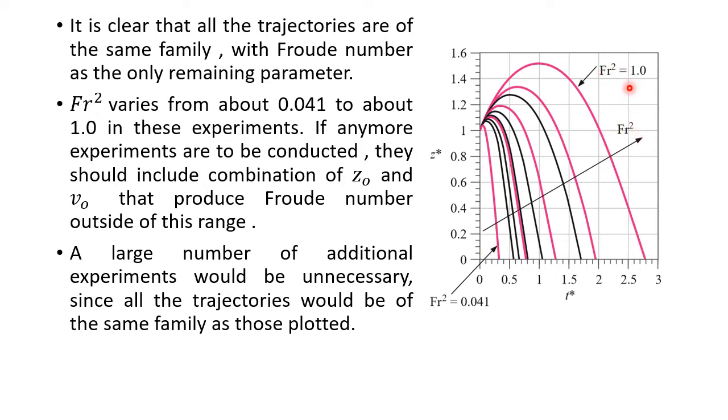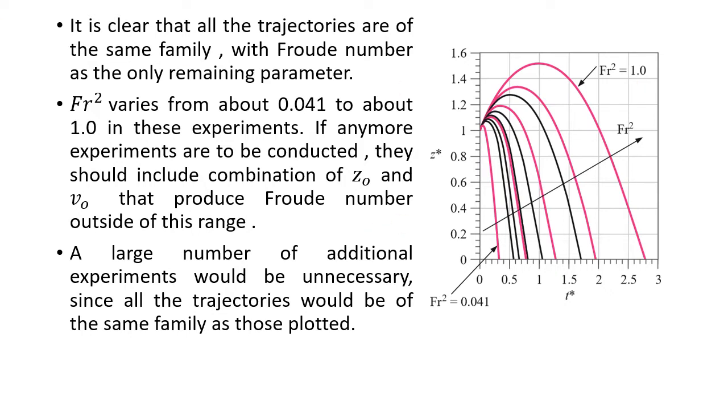If any more experiments are to be conducted, they should include combinations of Z0 and V0 that produce Reynolds numbers outside of this range. A large number of additional experiments would be unnecessary since all the trajectories would be of the same family as those plotted.